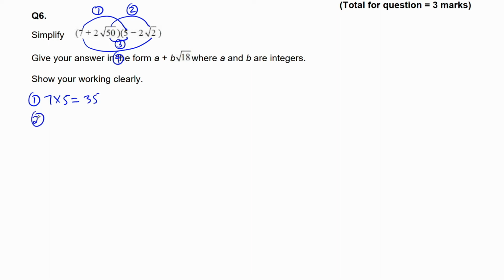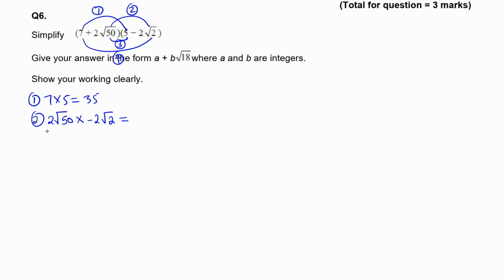For 2, we have 2 square root of 50 multiplied by negative 2 square root of 2. Now here you have to be careful because they want the answer in the form of a plus square root of 18. So let's just expand this and see what we end up with.